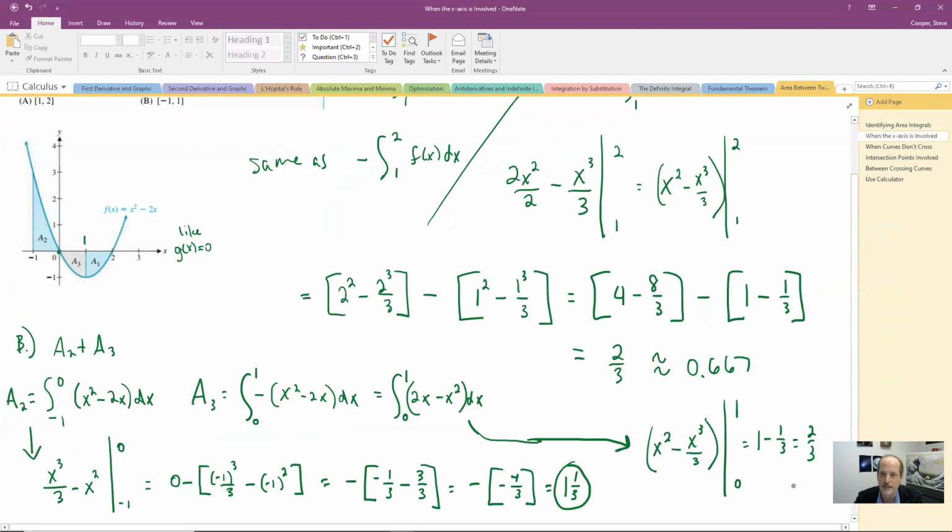We already calculated that. Or did we? Well, we calculated the other side of it and it looks symmetrical. So now to add this all together, I want 4/3 that I got for A2 plus the 2/3 that I got for A3.